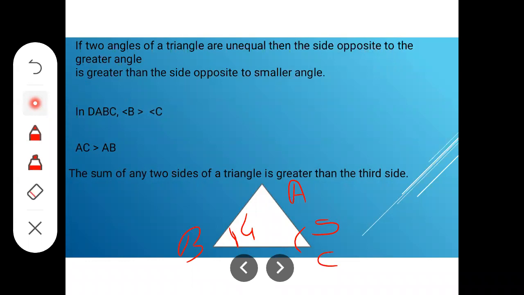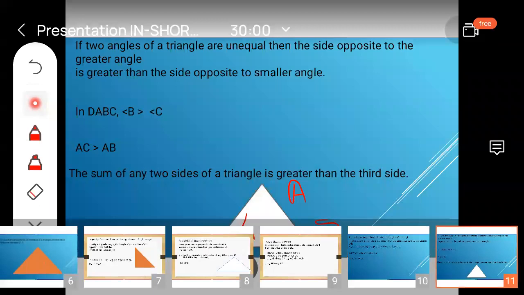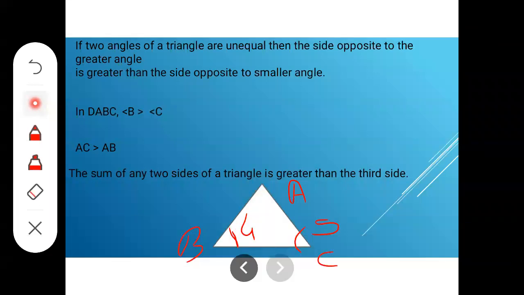That means opposite to the greater angle, this side is greater, AC is greater. And the smaller angle is this one, so the side opposite to the smaller angle, that is AB, is smaller.